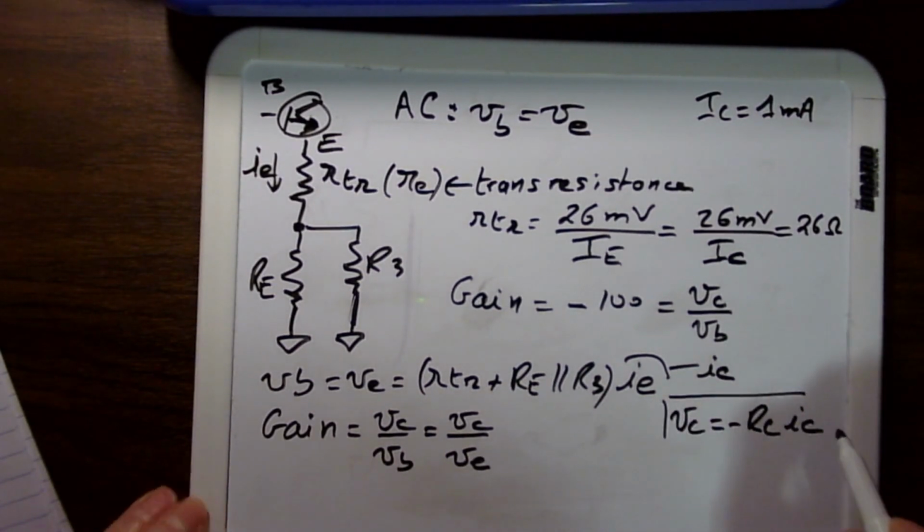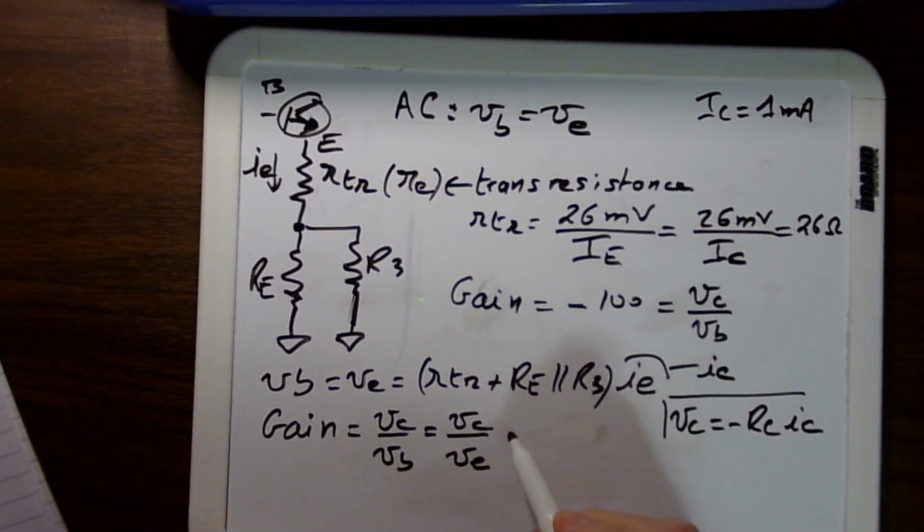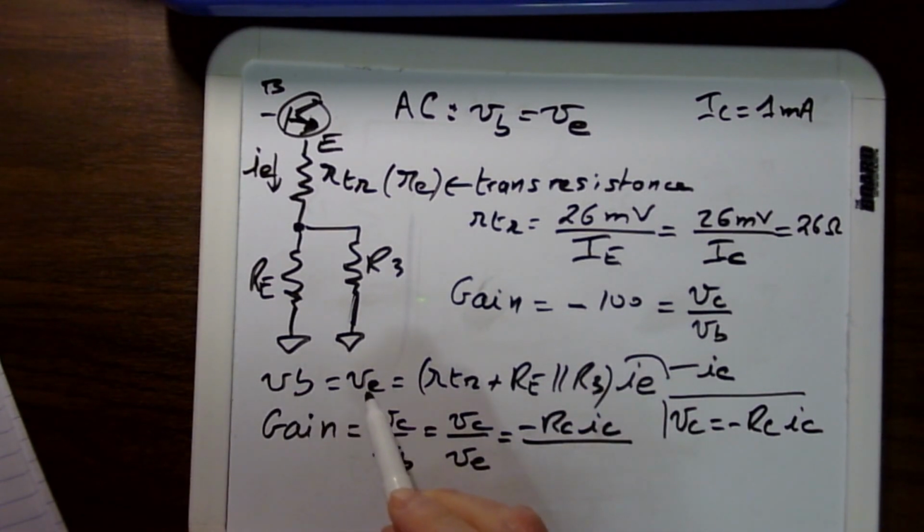So this is all AC stuff. So minus RC IC divided by VE, which is here.